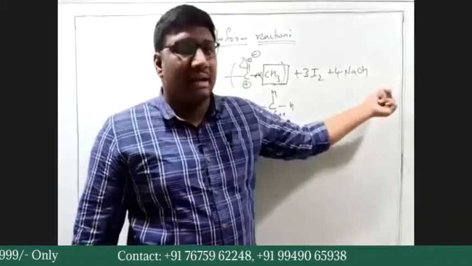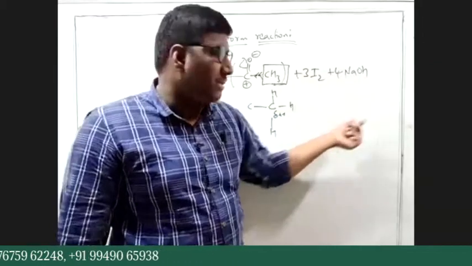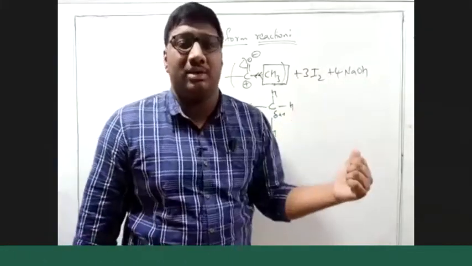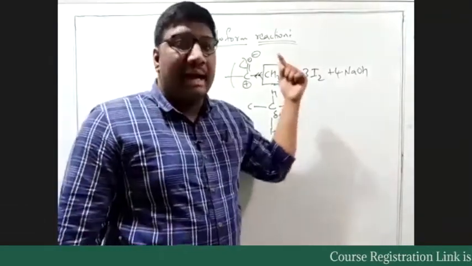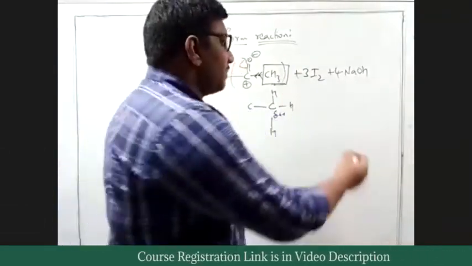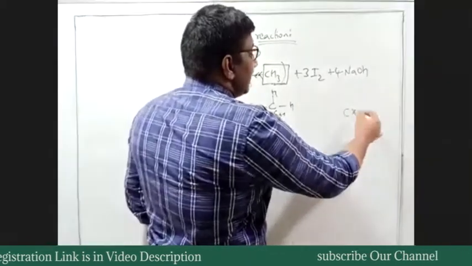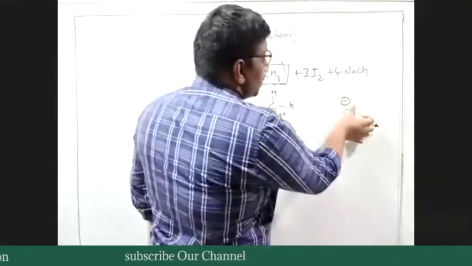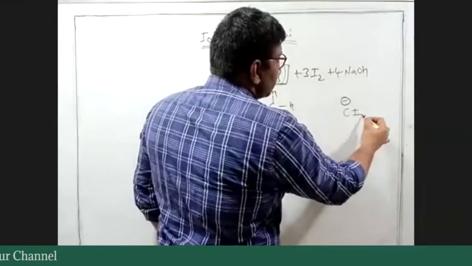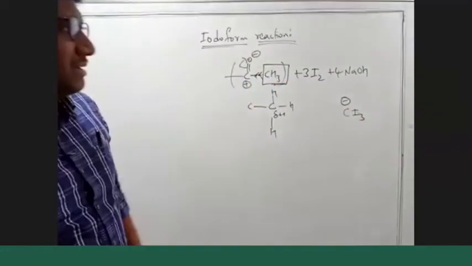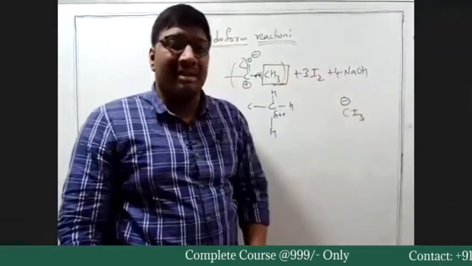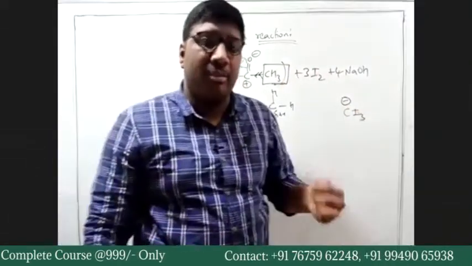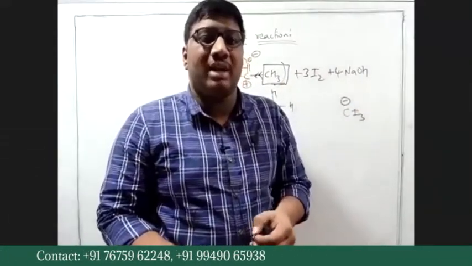So a base will immediately pick up this hydrogen, and the reaction proceeds. In the final step you will have CI3 minus, which picks up a proton from the solution, forming CHI3, known as iodoform.